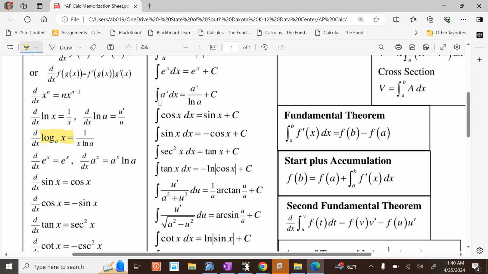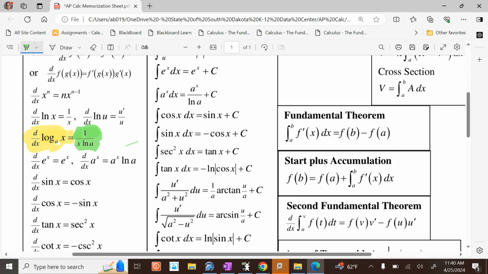Okay, sorry. So you'll be given this part, and then you'll have to provide this part. You'll have to know that part type of thing. Okay? No formulas.